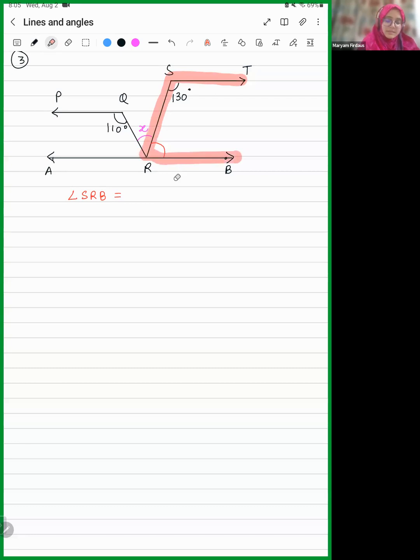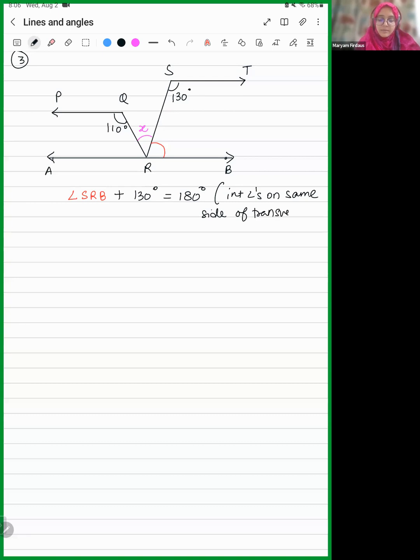Interior angles on the same side of the transversal. So angle SRB plus 130 degrees is equal to 180. Why? Because interior angles on the same side of the transversal are supplementary.